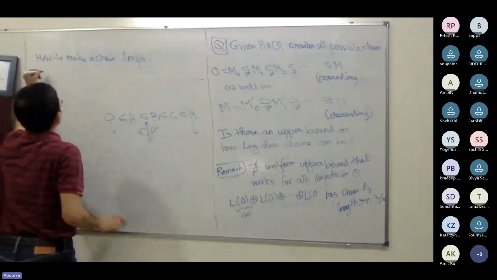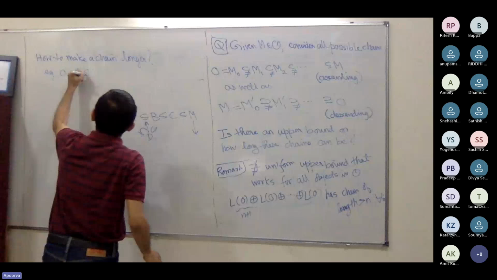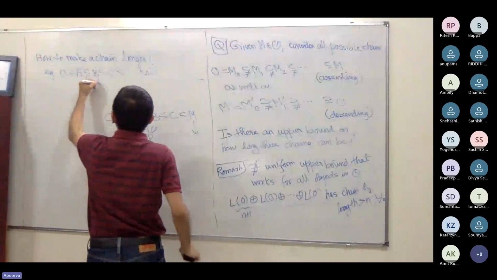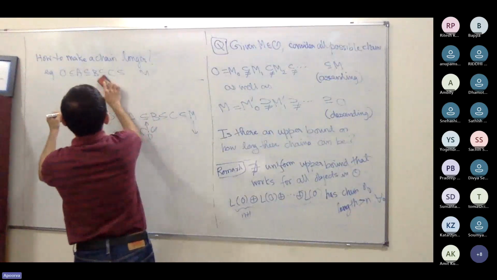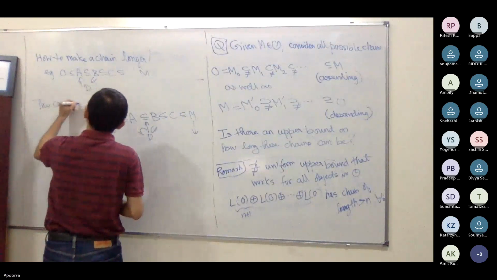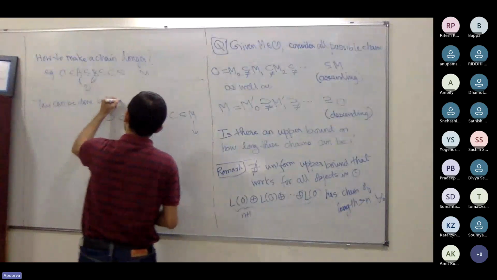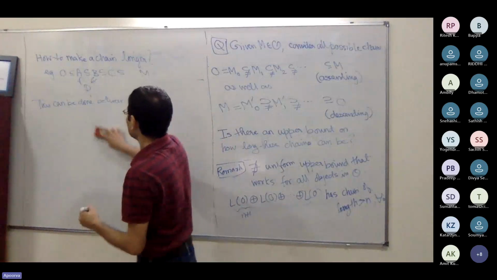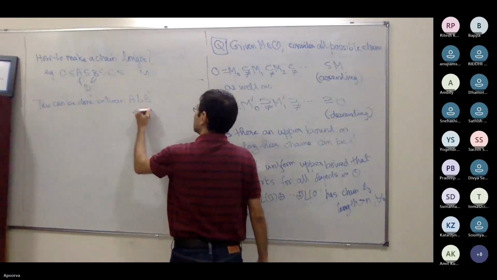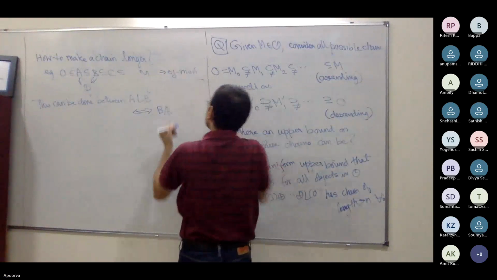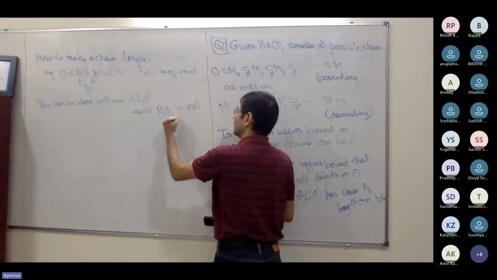Let me in fact draw that picture, 0 to A to B. This can be done between A and B if and only if, very precisely, B over A, these are g-modules, if and only if B mod A is not simple.